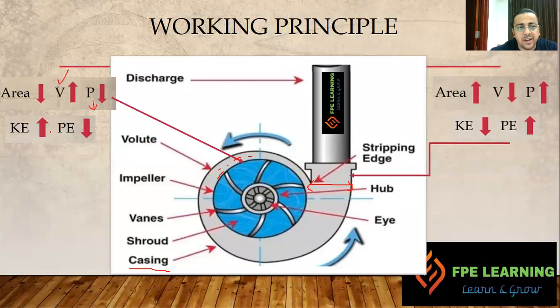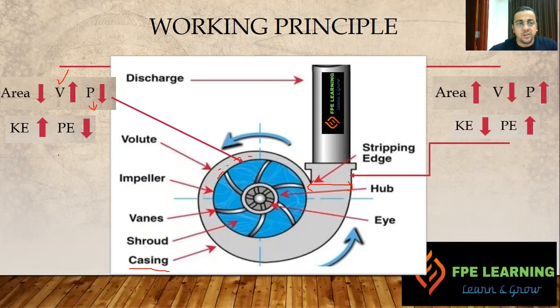So we can say when liquid enters the pump, it has high kinetic energy in the impellers. When the liquid leaves the impellers or the vanes, the liquid has high kinetic energy. Now all that kinetic energy converts to potential energy while going to the pump discharge. We have less area here, so velocity is high and pressure is low.